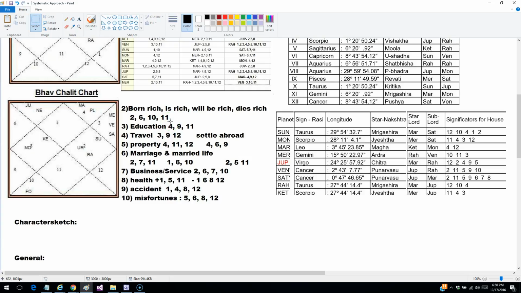You might want to have a list handy, and if you search on the internet, you will find all these groupings of houses according to Krishnamurti Paddhati, so that you can write them in a diary or somewhere as a handy note for you.